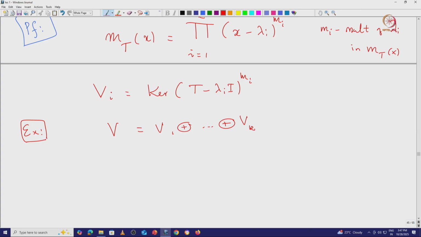This is what is called the primary decomposition theorem. This just uses the fact that the lambda_i are all distinct.